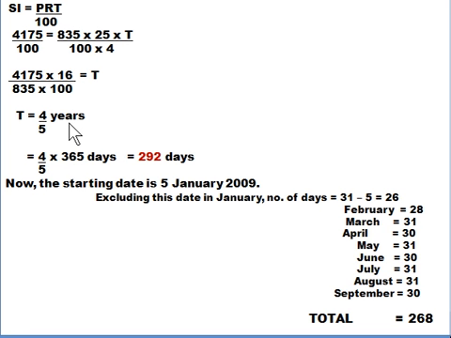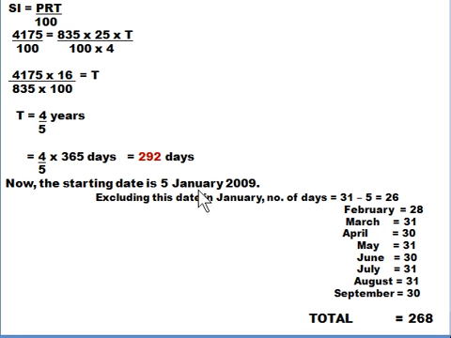So 0.25 we are not going to think about much, and we are going to take it as 365 days only. So converting 4 by 5 years into days, it becomes 4 upon 5 into 365, which comes to 292 days. That means the total time in days is 292 days.